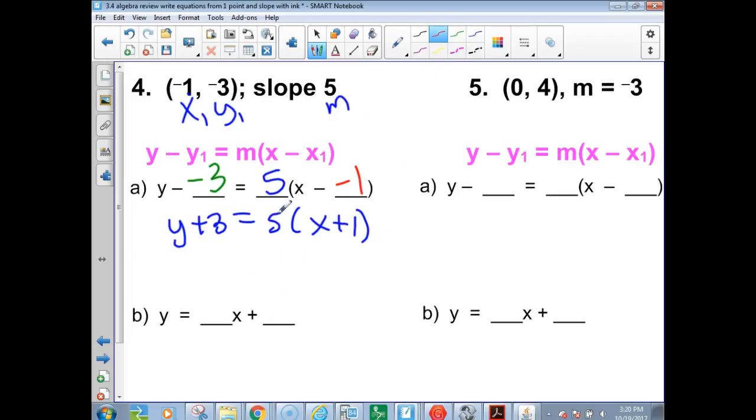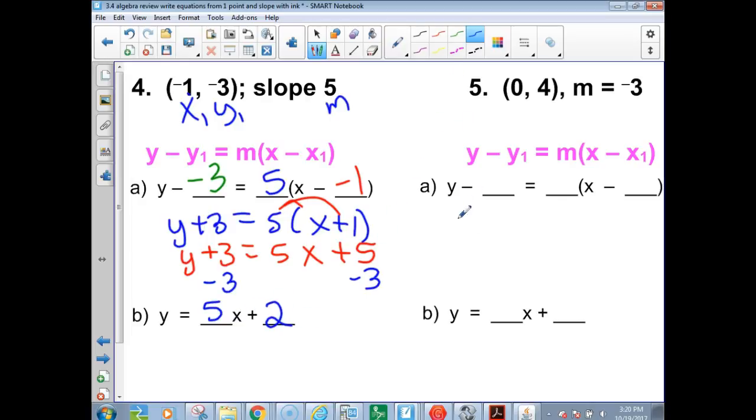Now I'm going to distribute. I get y plus 3 equals 5x plus 5. Now it would be one more step to get where we want to go. We want y alone. So that's y equals 5x plus 2.